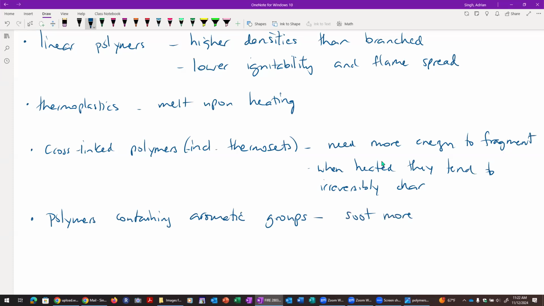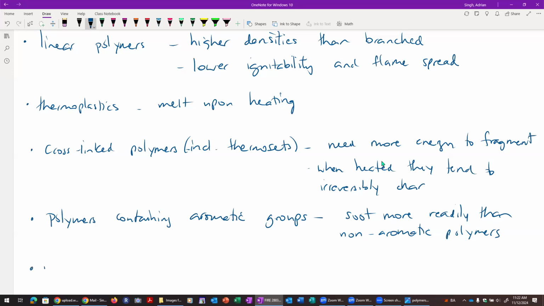So black smoke, black particles, soot coming off. These tend to soot more readily than the non-aromatic polymers. You saw this firsthand in lab.